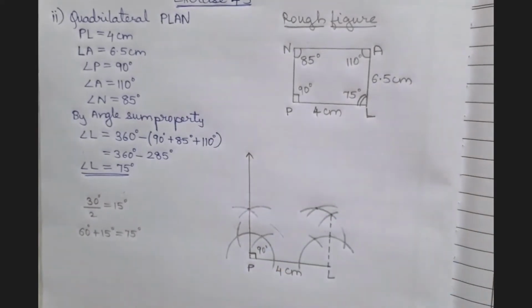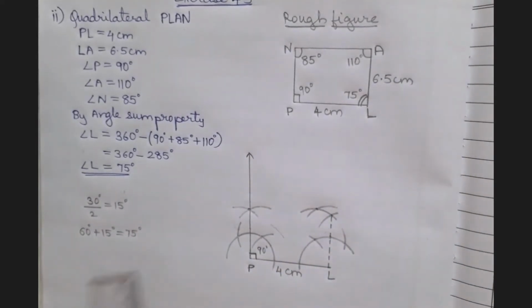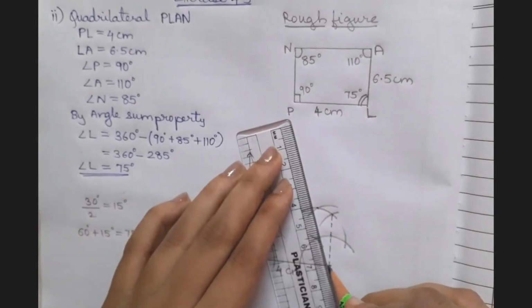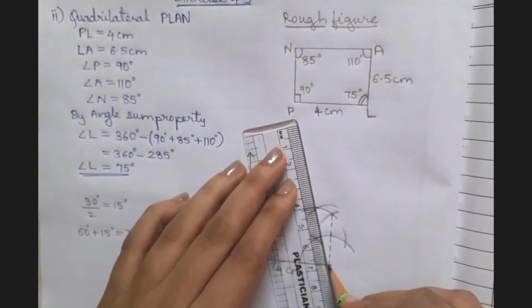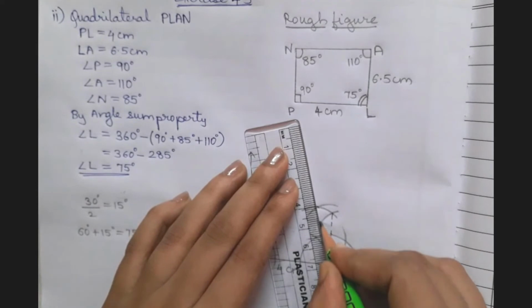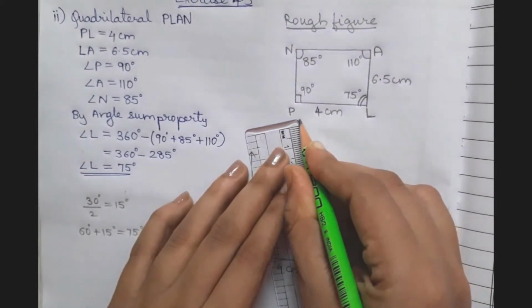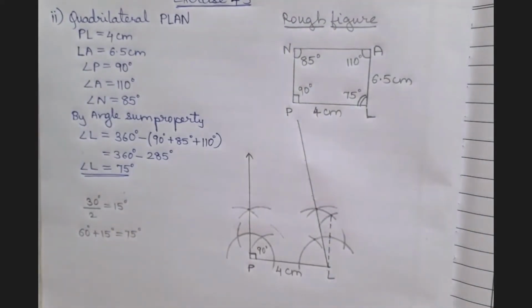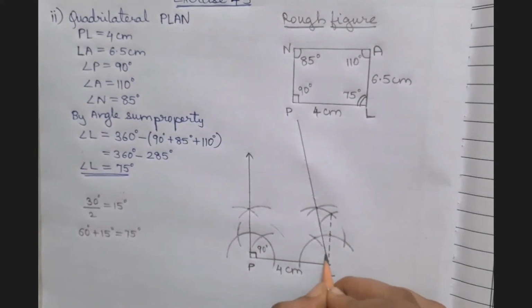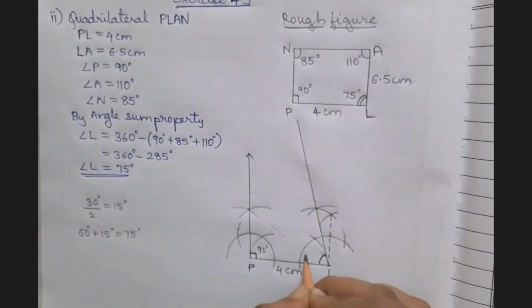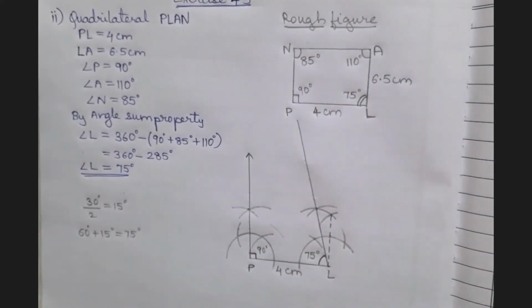This is our 75 degree. So from point L, this angle is 75 degree. We have constructed now angle P and angle L.